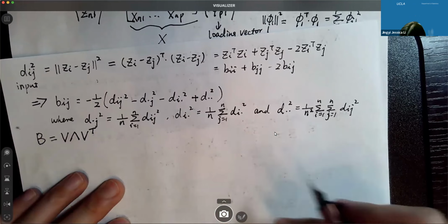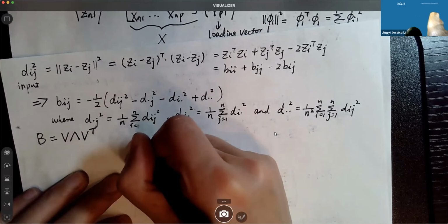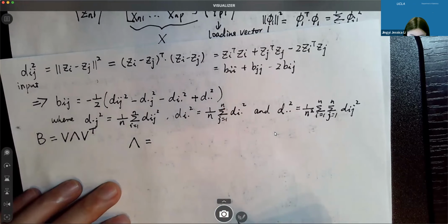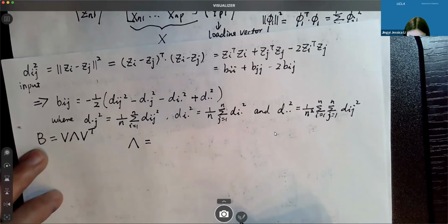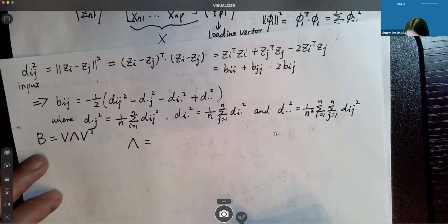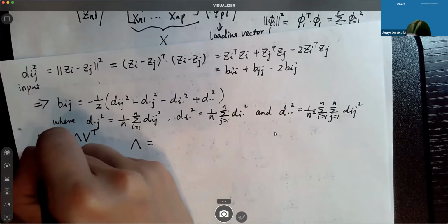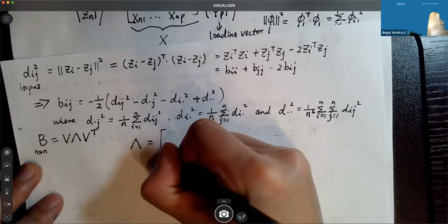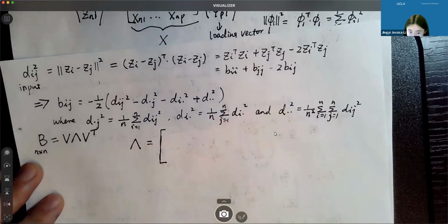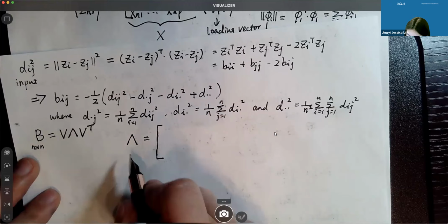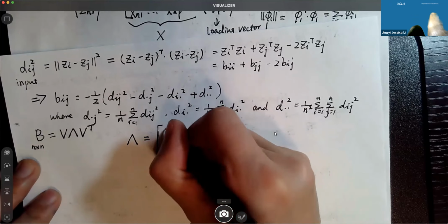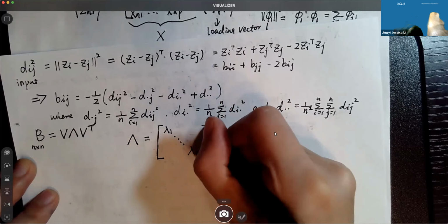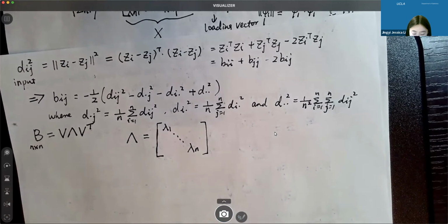Let's see what the dimension of B is. We know that B is m by m, so we can write this diagonal matrix as lambda 1 to lambda m, because the diagonal has m elements.